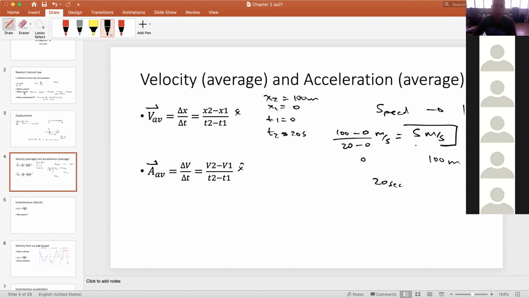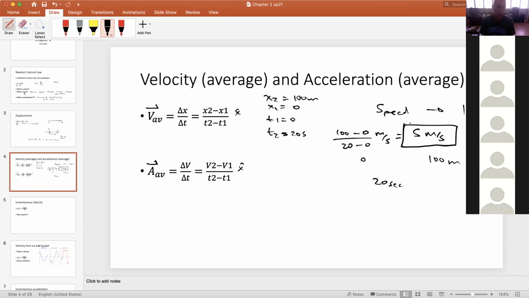And so my average velocity during the first 20 seconds of my motion is 5 meters per second. That might not be my speed at any time. My velocity could have changed. This is an average value, which means after 20 seconds, I was 100 meters away from where I started, and therefore my average velocity had to be 5 meters per second.